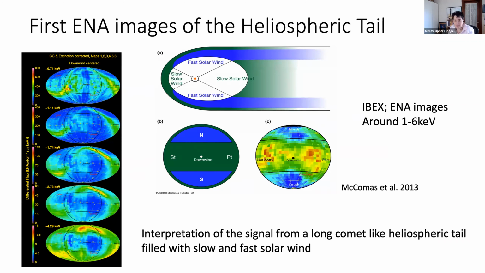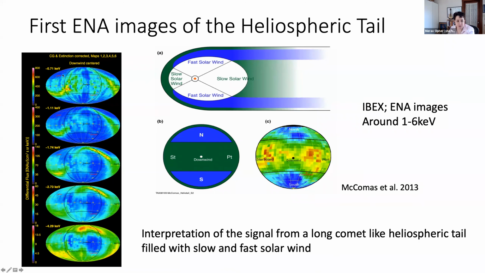So coming back to my little story, when IBEX looked at the heliospheric tail in ENA maps, remember that the ENAs measure pickup ions from 1 keV to 5 keV in IBEX. Now we are looking down the tail. This is downwind. I'm here at the sun looking downwind.